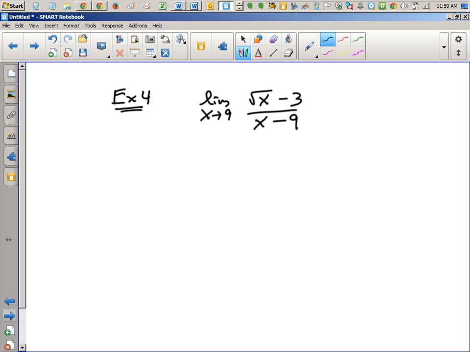Plug in the what? What number? The C value. Okay, yeah, it's called the C value. Plug in this, in this case, plug in what? 9. Hoping it will work, and if it does, we're done. Does it work? No. You get square root of 9 minus 3, which is 0. And then you get 9 minus 9 on the bottom, which is 0. So it's 0 over 0, so we just quit and go home, right?